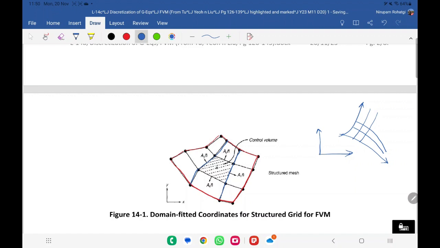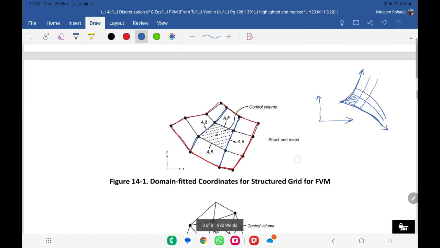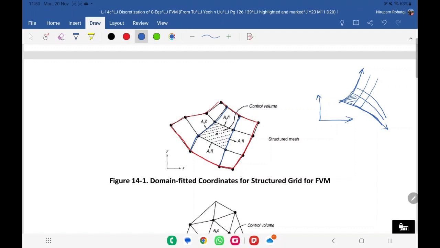This type of shape at this end you can capture with the help of curved coordinates, and this becomes a logical rectangle. By this you can make a structured grid, and this is how you can cover the whole of the volume. So this is one of the approaches.